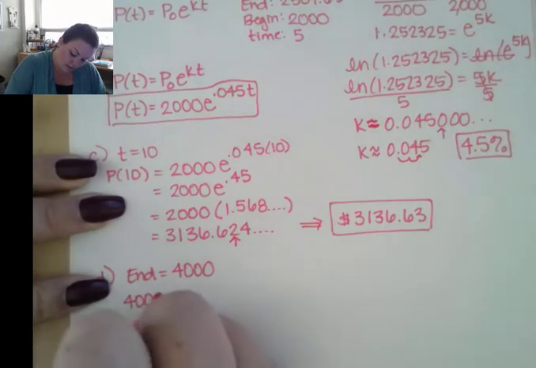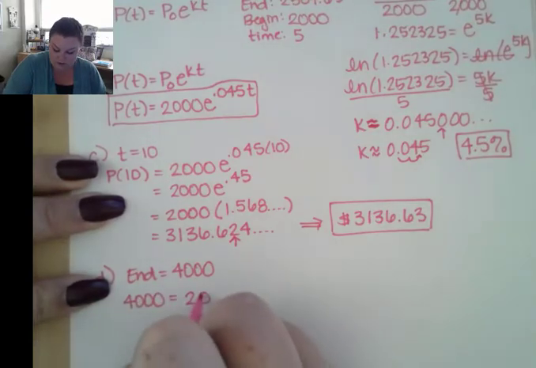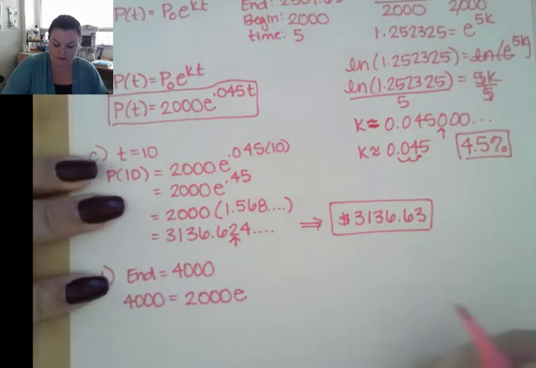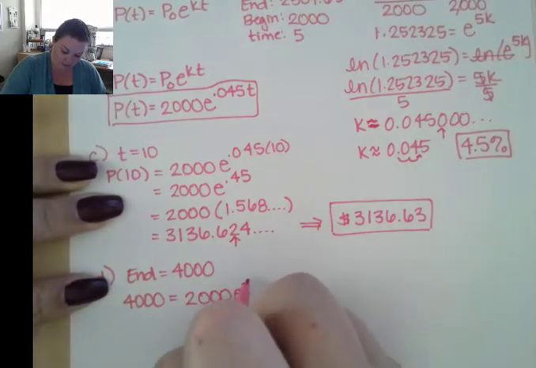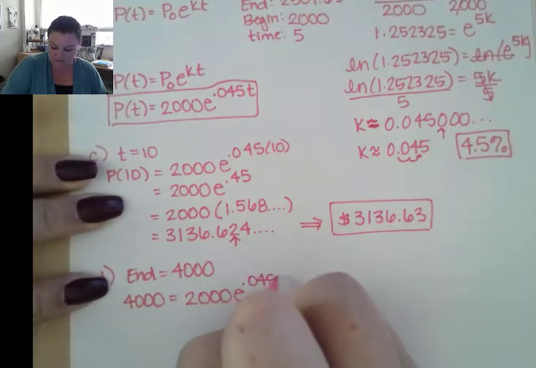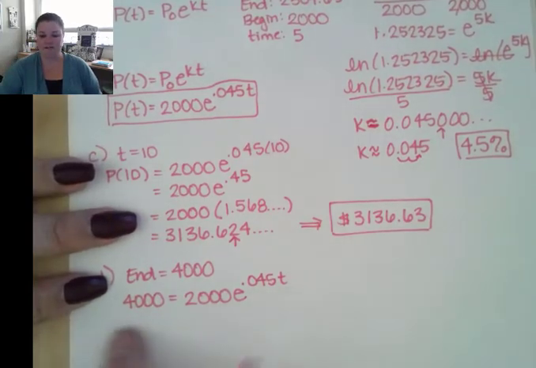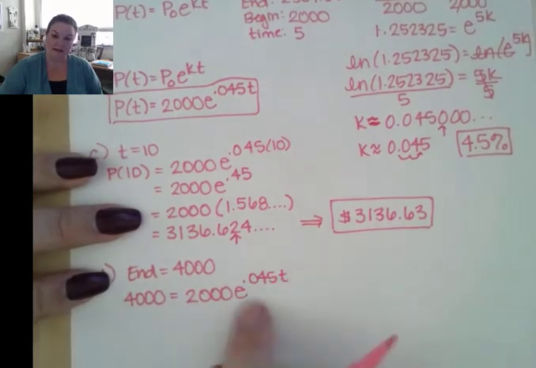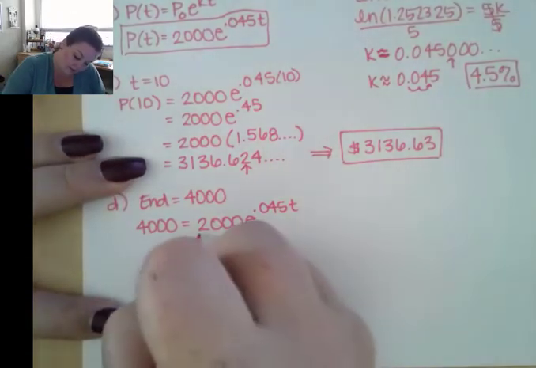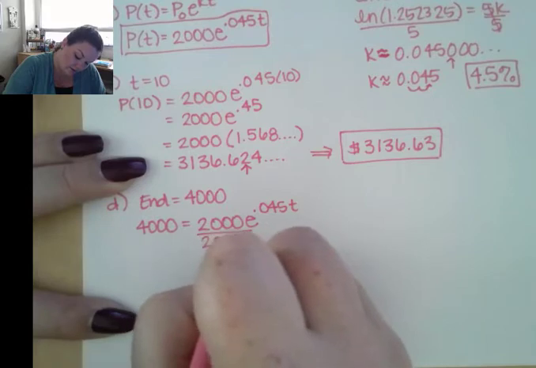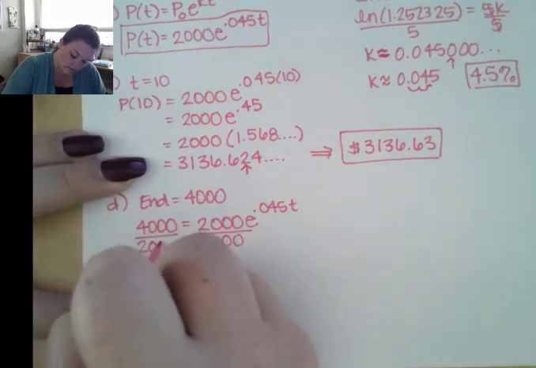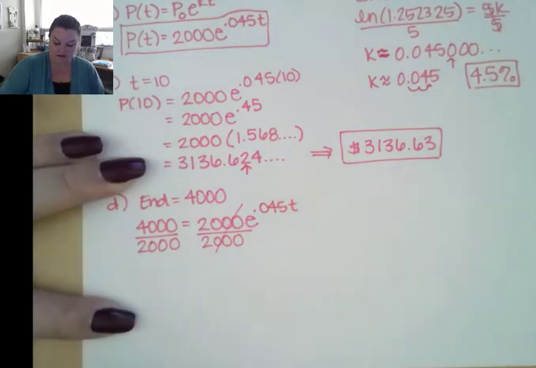So we have 4,000 is equal to our initial amount, which is 2,000, times e raised to our rate, which is 0.045 times our time. And we're looking for the time it takes for this to happen. So we need to get the e by itself first. So we're going to go ahead and divide off the 2,000.